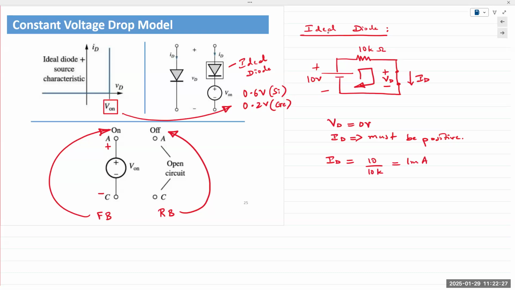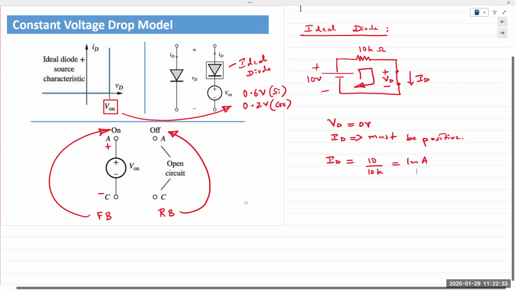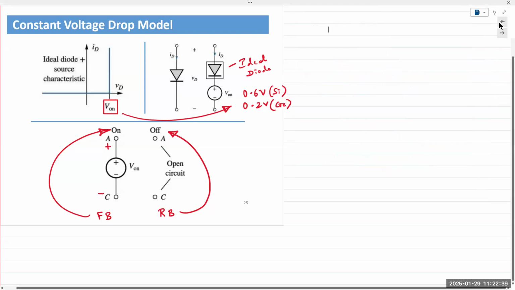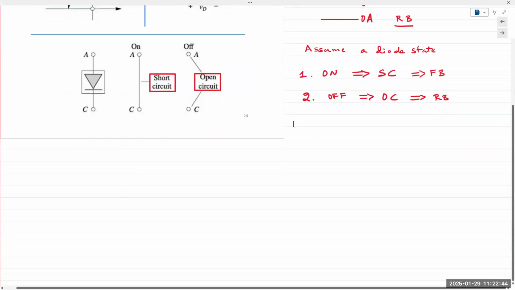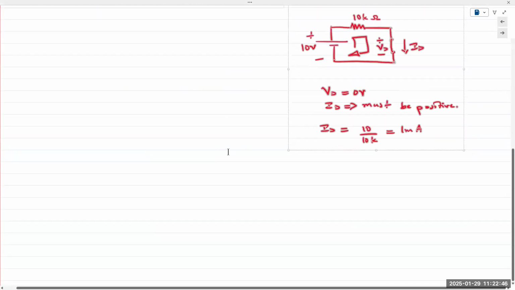Oh, I just realized I'm doing it on the slide for the constant voltage drop. Let me cut it out. Okay.